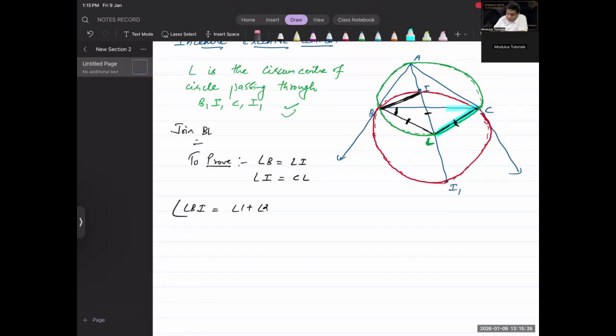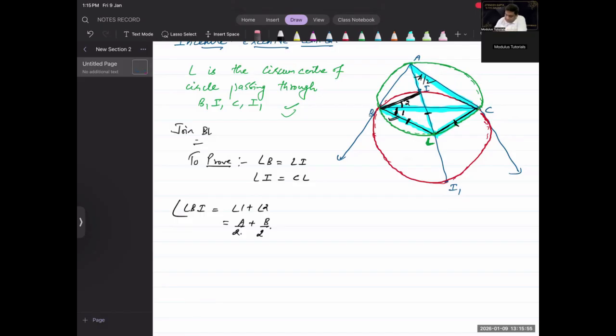Now this chord is making one angle here, and this chord is making another angle right up here. So if this is angle 1 and this is angle 2, now angle 1 is expected to be A by 2, angle in the same segment. If this is A by 2, then this will also be A by 2. And angle 2 is very clearly B by 2. That does not require any explanation. I hope, guys, this is very, very simple.